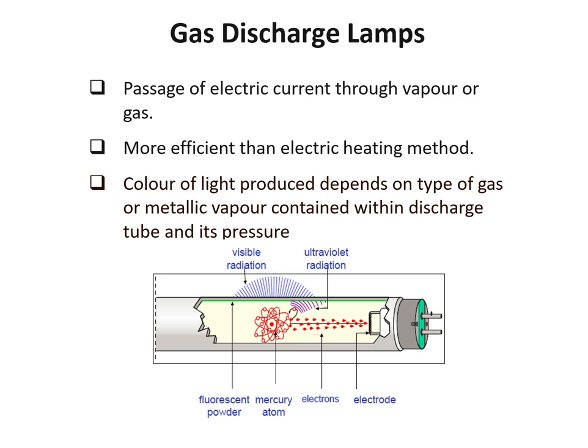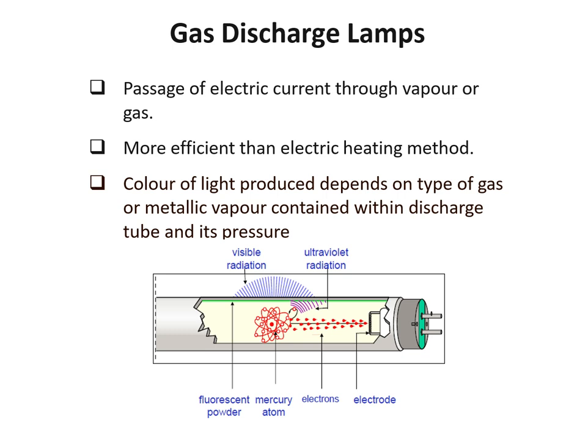All right, so in terms of energy, it's more efficient, because in the previous two methods, a lot of the electrical energy that's being used actually gets transferred into heat, right? That dissipates. So the color of light that gas discharge lamps produce depends on the type of gas or metallic vapor contained within the discharge tube, and the pressure, right?